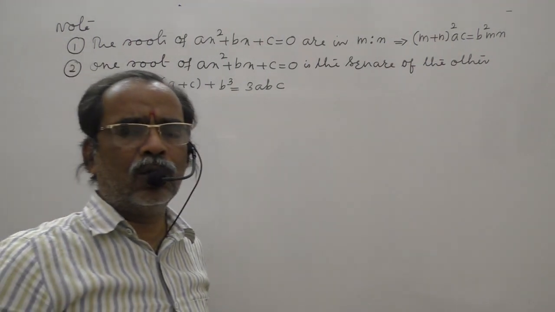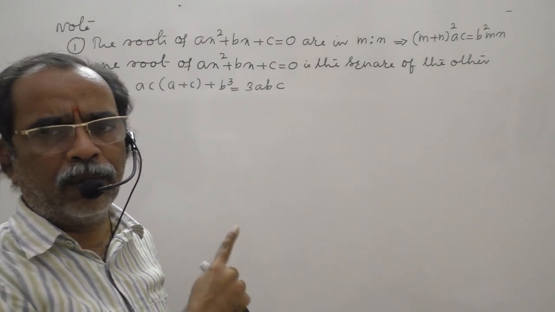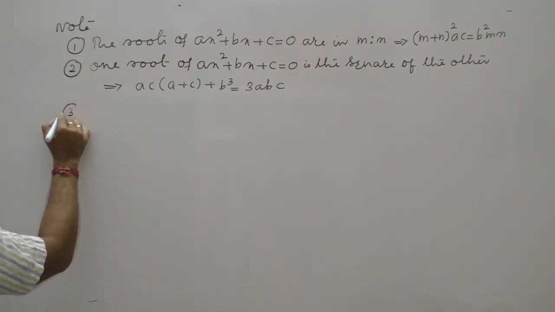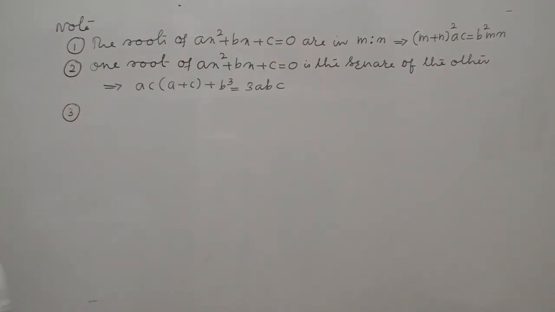Condition for one root to be square of the other can be proved similarly. These are all important in objective. Next, see third one.